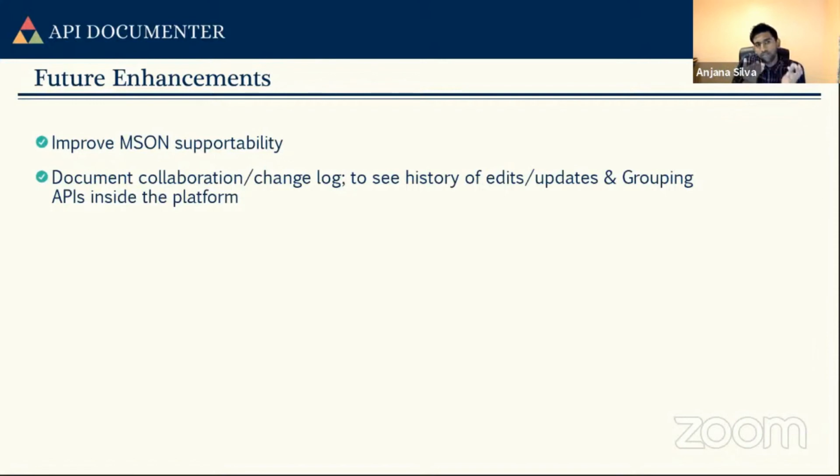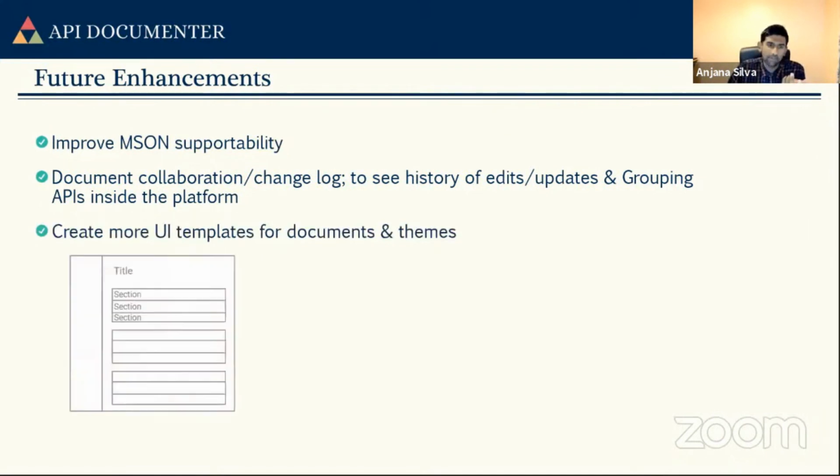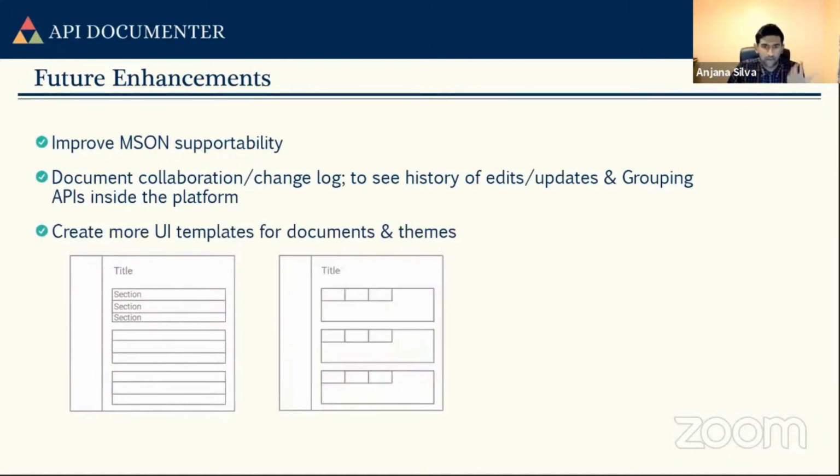And also thinking of making the tool so many people can collaborate and write documents and obviously see edits and change logs, and give the ability to group APIs inside the platform in a logical manner, like collections, and obviously to give more UI templates and themes for your document, so it's closer to your company's colors and logos and fonts and so on.